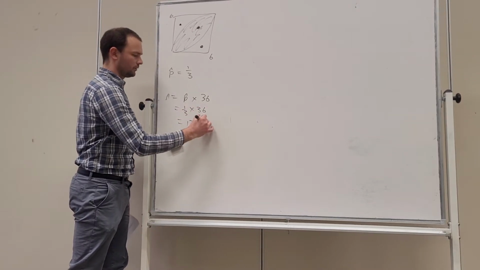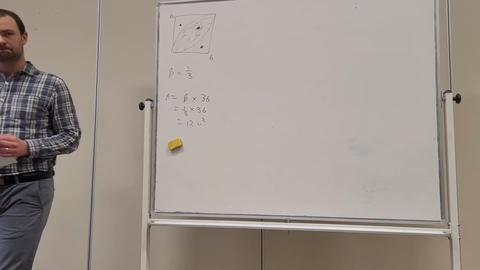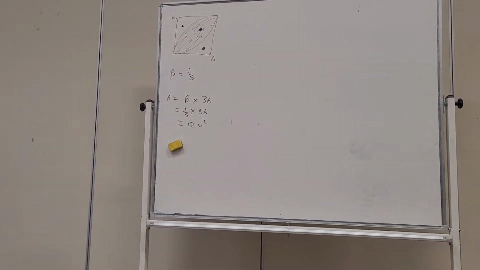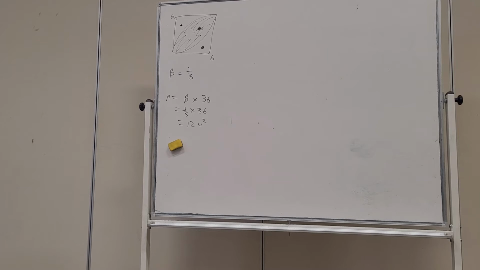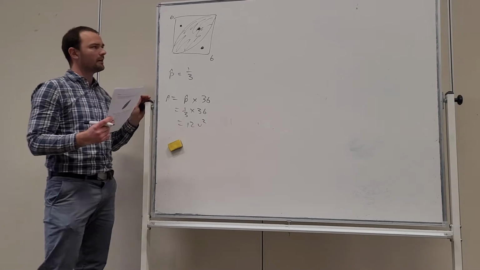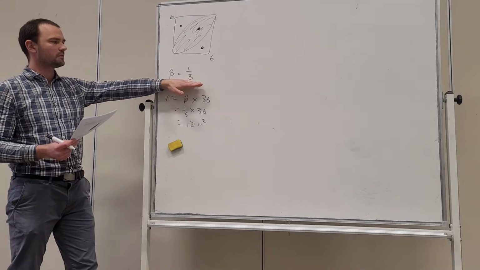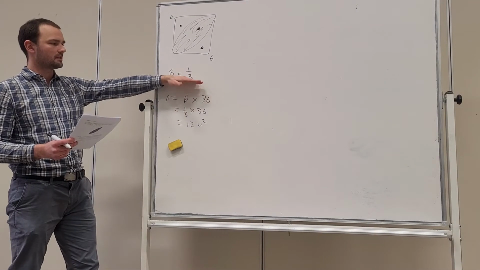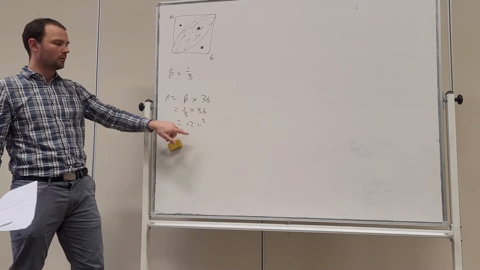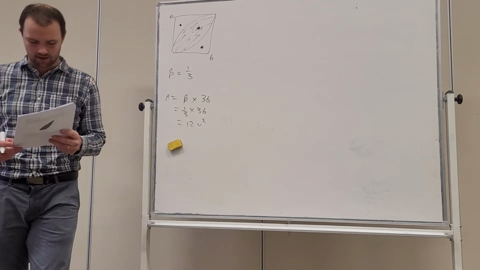We've got 12 units squared. All right, so we're just saying how many are shaded. So we've got this proportion, this many are shaded, and there's 36 units in total. So how much of the total area is shaded? Well, 1 on 3 times 36. That's how we're generating that.